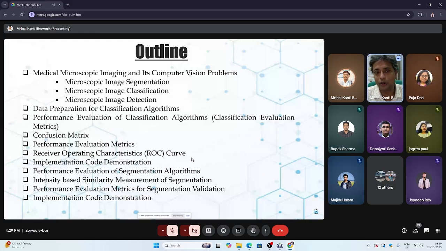Dr. Saurabh will beautifully present, and if you have any question or any other issues regarding performance evaluation, confusion matrix, ROC curve, and implementation of code demonstration, please ask. So I will request Saurabh, please start and give the total demonstration as a presentation. Thank you. Please start, Saurabh.